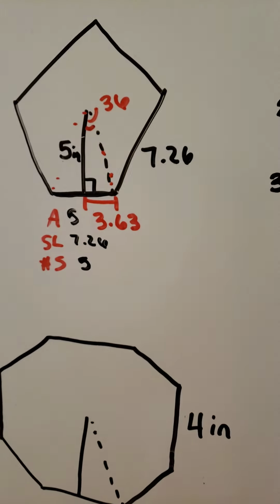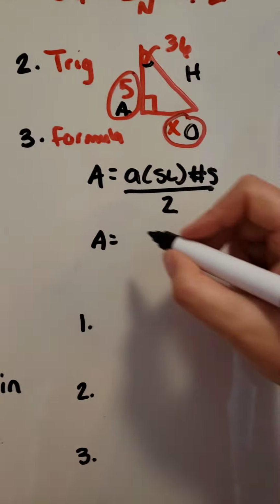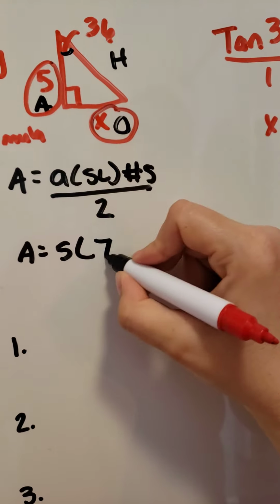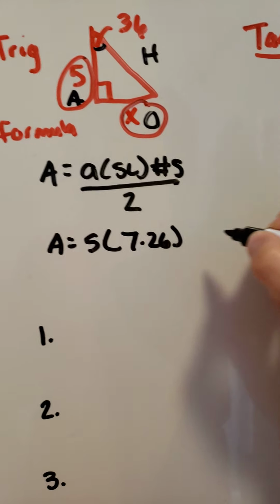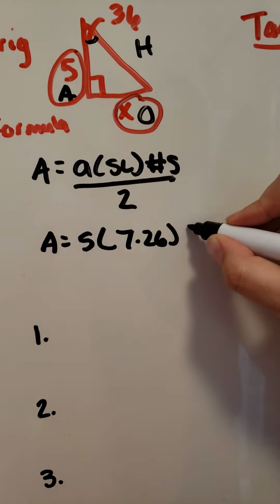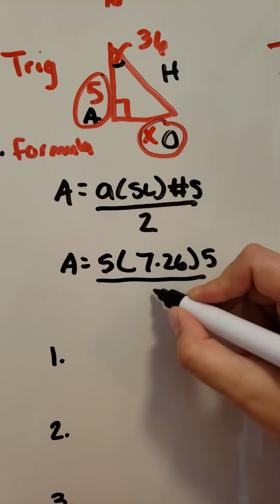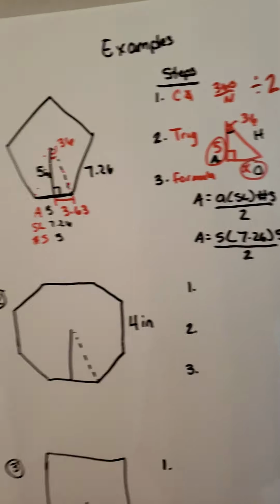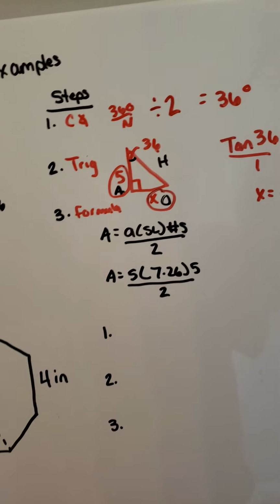Area equals, my apothem is 5. My side length is what we found, 7.26. My number of sides is 5. And then you divide that by 2, and that's going to give you the area of that regular polygon. I have it in inches, so it's going to be inches squared.